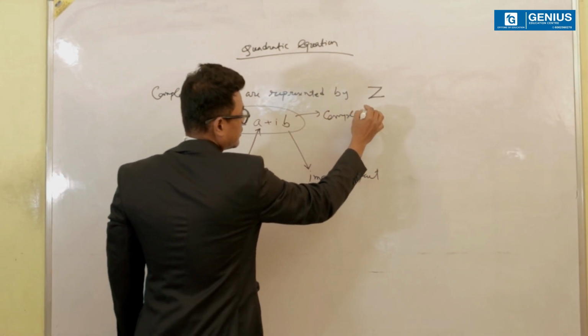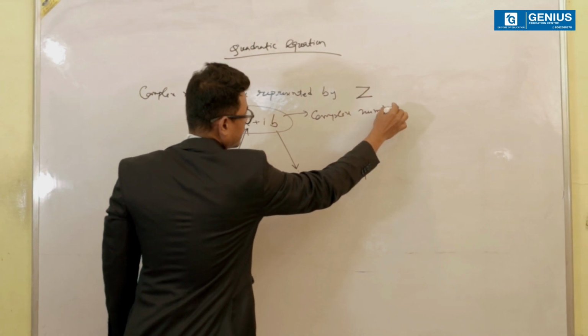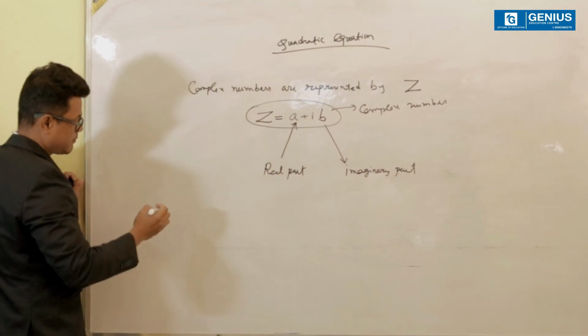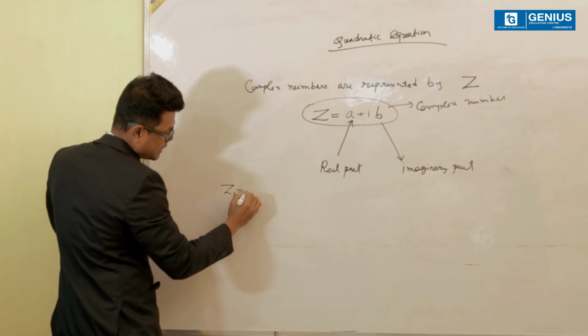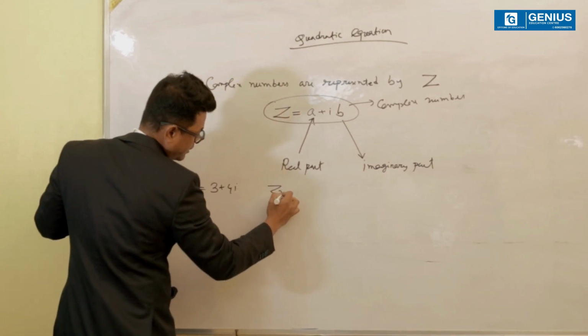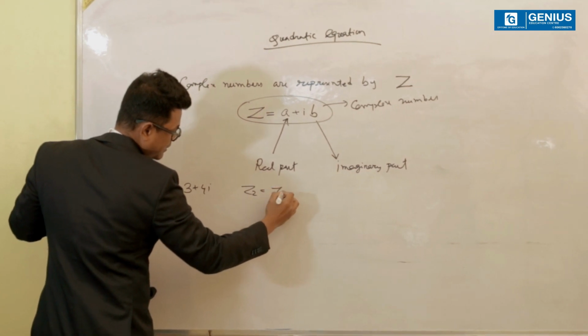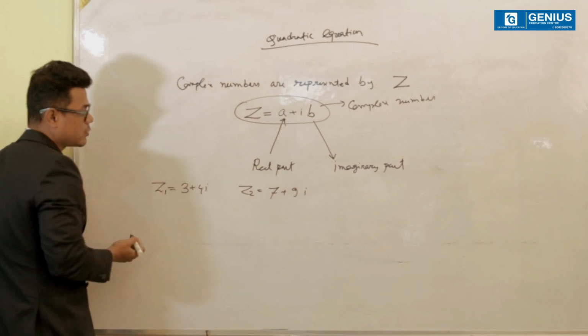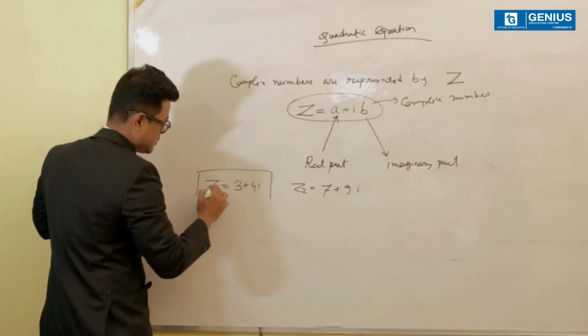Got it? For example, I'll write a few complex numbers. Suppose you have Z1 equal to 3 plus 4i. Again you have Z2 equal to 7 plus 9i. These two are called complex numbers.